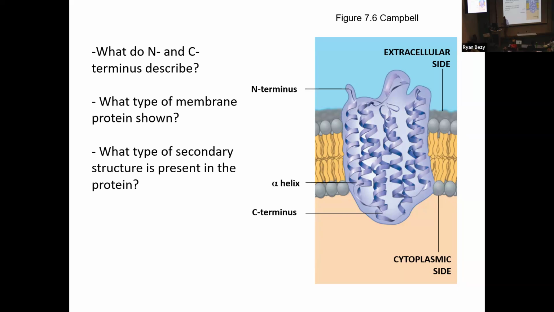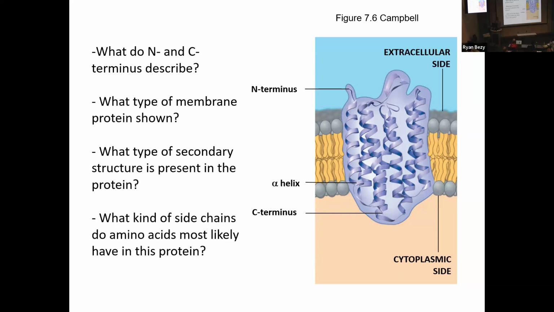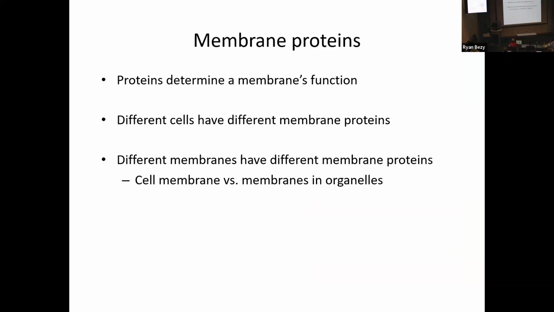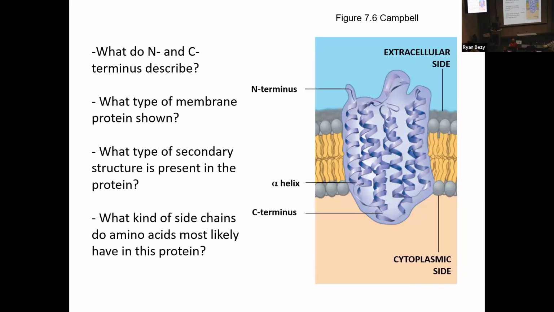Here, I'm showing alpha helices in this particular diagram. What kind of side chains do amino acids most likely have in this part of the protein in the middle here? Hydrophobic, polar, charged. Hydrophobic. Remember, the part that passes through the membrane in the middle here is largely going to be made up of hydrophobic amino acids because they like to interact with the hydrophobic fatty acids. Questions about that?